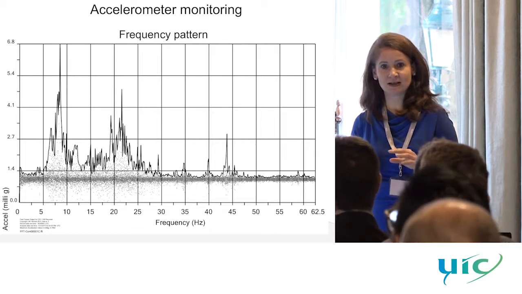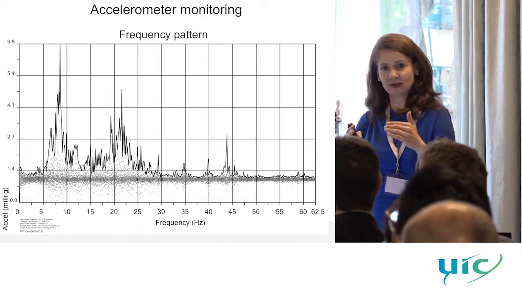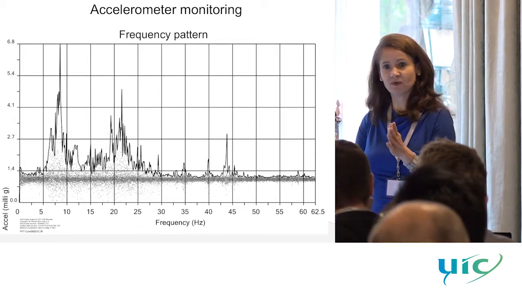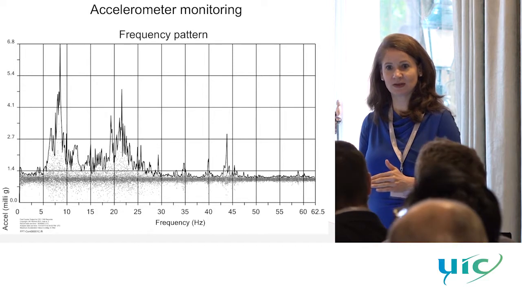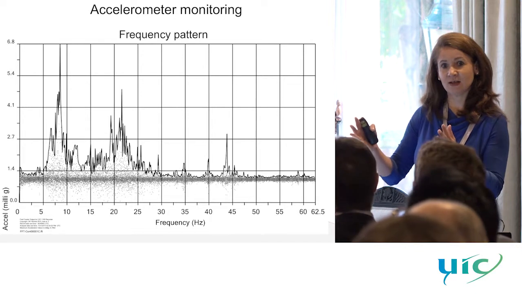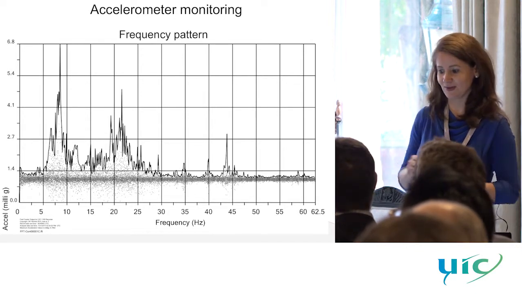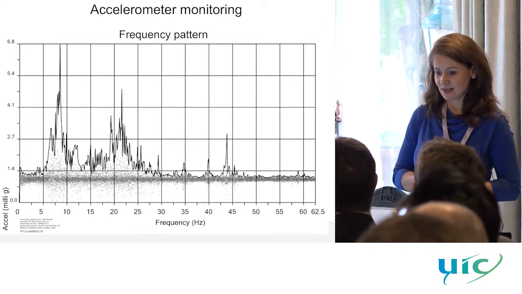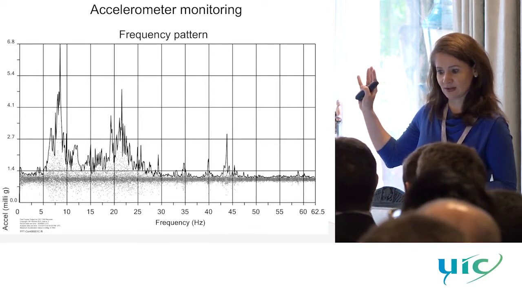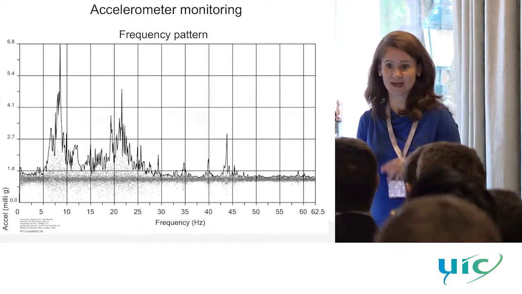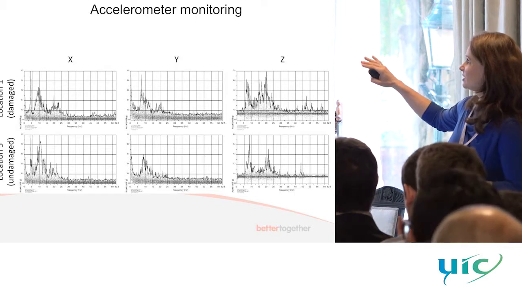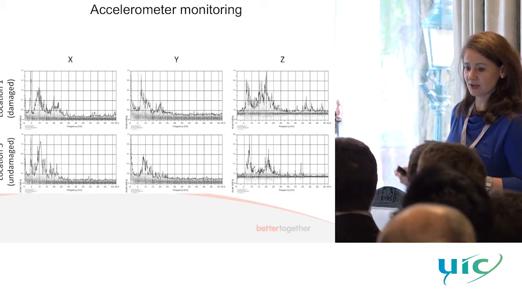Most people analyzing and doing finite element modeling, looking at acceleration and frequency, look at the first 4 or 5 modes and the shape of the modes. What we are interested in is not what shape they are, but where they are and how and if they change. This is one bridge with X, Y, Z coordinates recorded with the CX1 accelerometer, and 2 sets of pictures, one damaged, one undamaged arch.